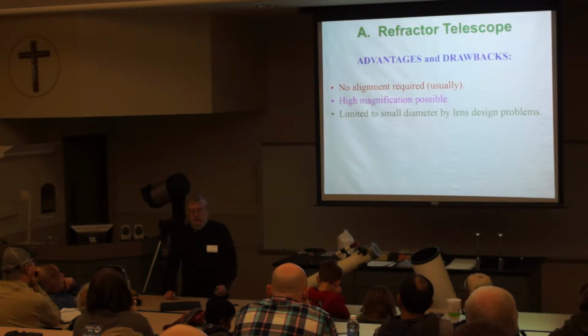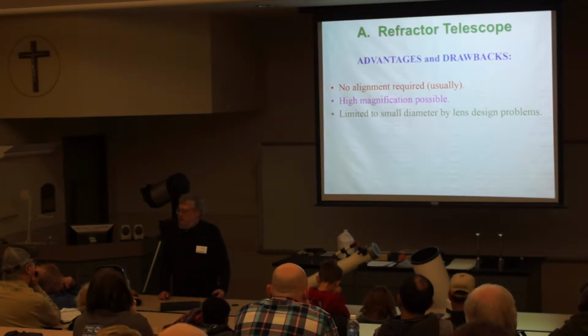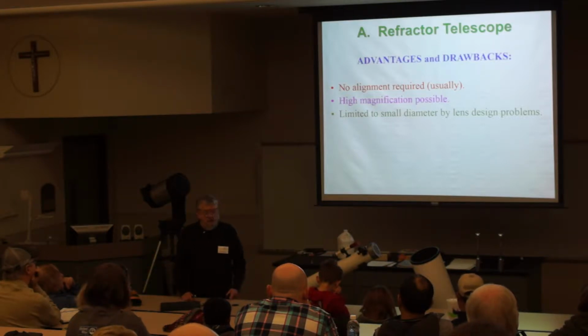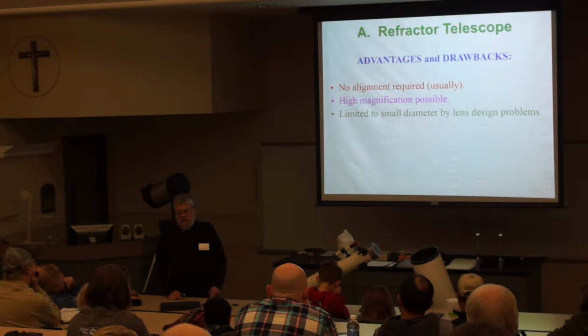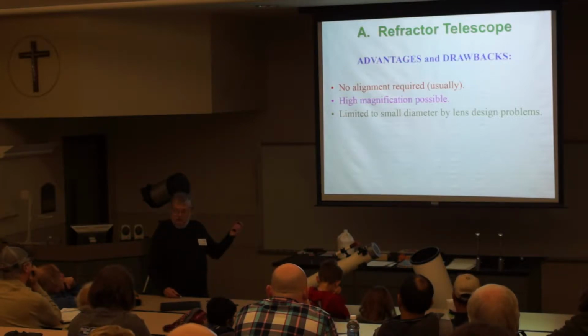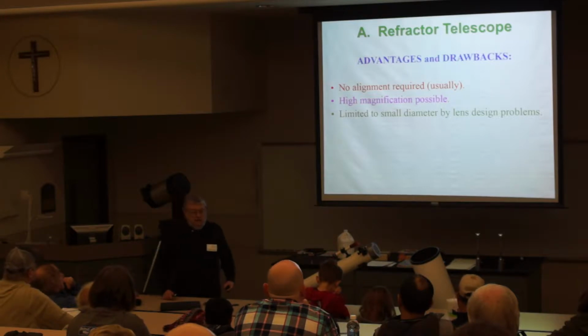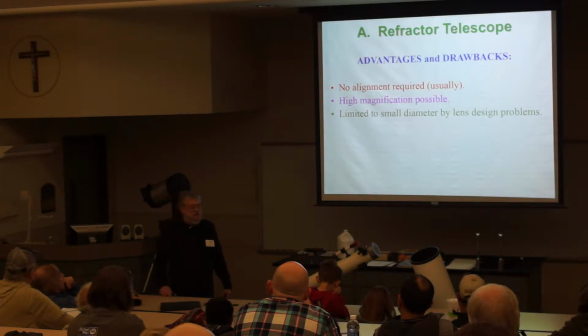The largest one in the world is the 40-inch refractor telescope at Yerkes Observatory at Williams Bay, Wisconsin, operated by the University of Chicago. And one I showed you is a 26-inch, and I've looked through a 30-inch telescope to see Pluto through it at the Allegheny Observatory in Pittsburgh.